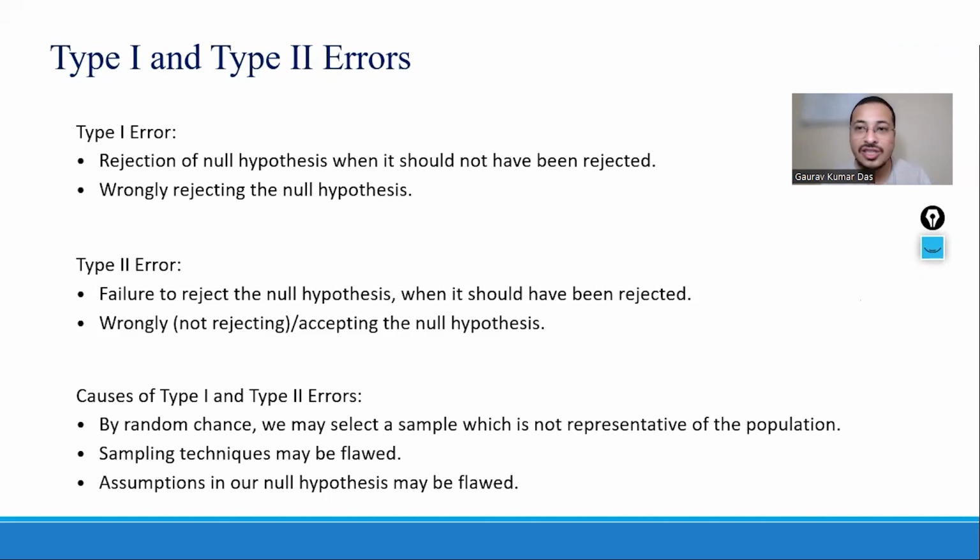So my hypothesis test is not fully correct; there will be errors inside it. There are other options too, like the sampling technique may be faulty, and I may have selected a sample which is not representative of the population. Along with that, the parameters I have calculated from the hypothesis test are based on the sample data. So we have not completely escaped from the uncertainties.